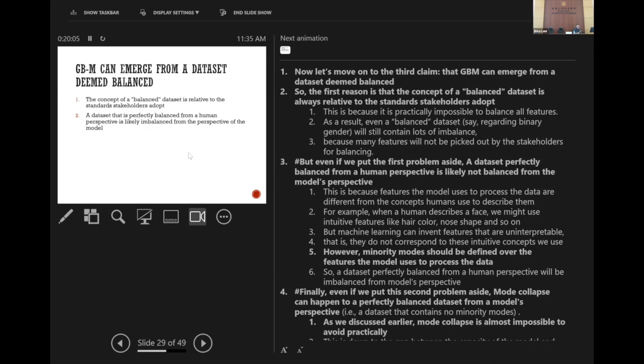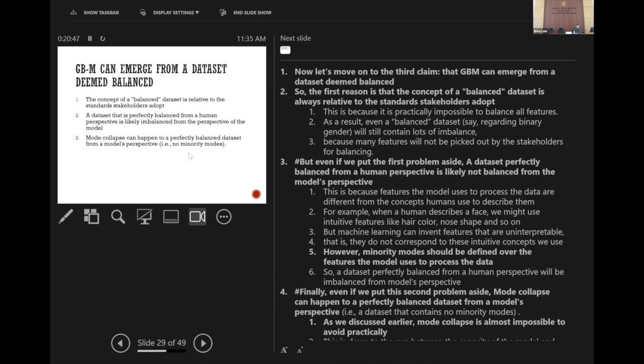And these features are often uninterpretable. That is, they do not correspond neatly with the concepts we use to describe the data. But minority modes or mode collapse should really be defined over the features the model uses instead of the concepts we use to describe the data, because mode collapse is what machines do. It's independent of human perspective, again. So the data that's perfectly balanced from a human perspective will still contain a lot of imbalances.